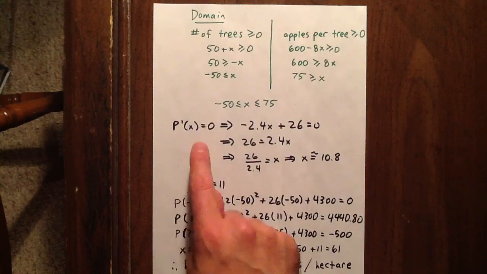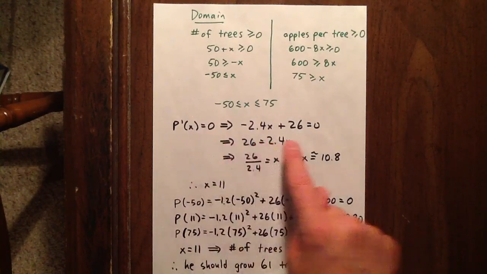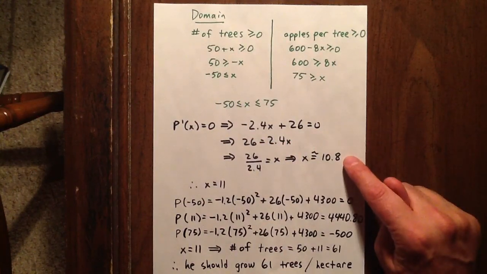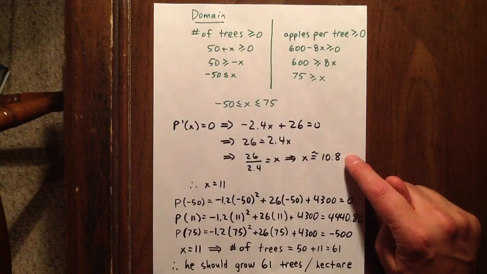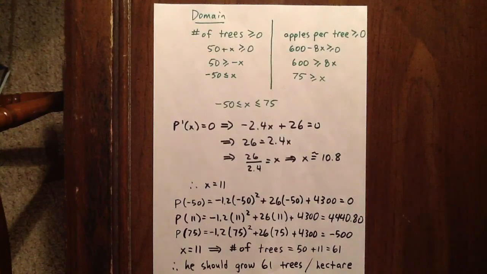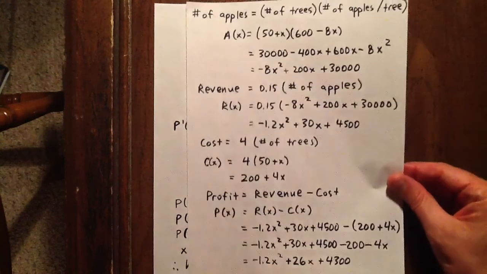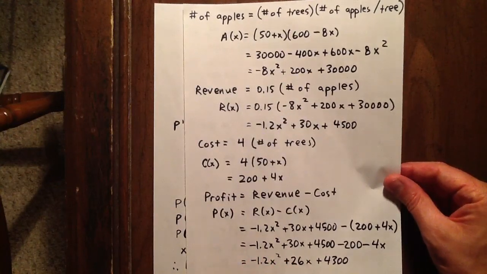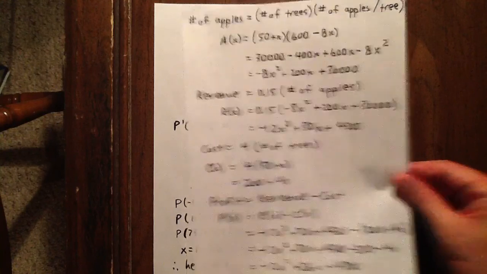We're now going to take that profit function, take the derivative and set it equal to 0. And solving for x, we get that x is approximately 10.8. Now, keep in mind that our original profit function that we found a while ago is a quadratic, and so by its nature, it's going to be symmetrical.